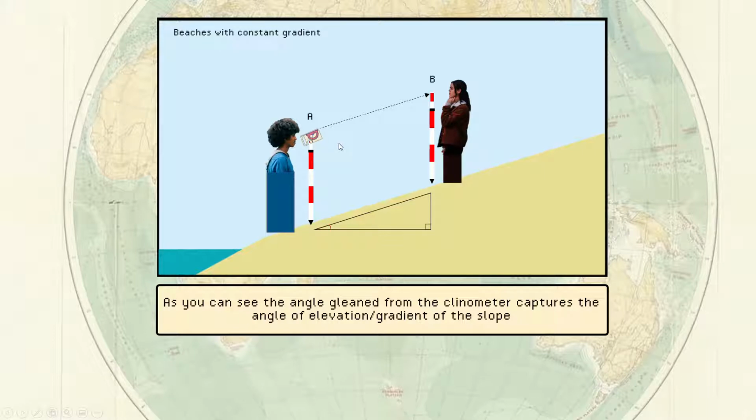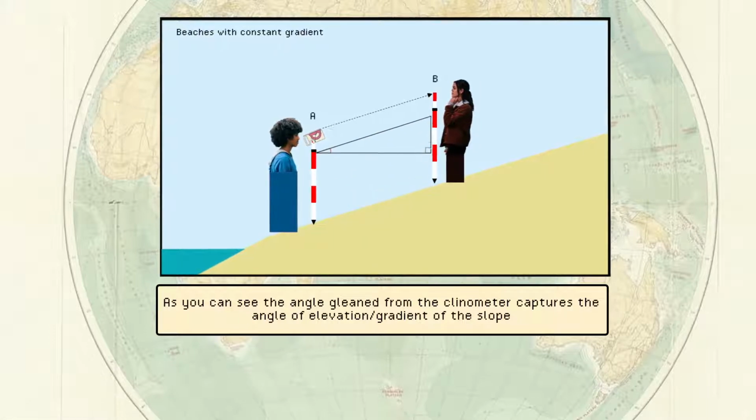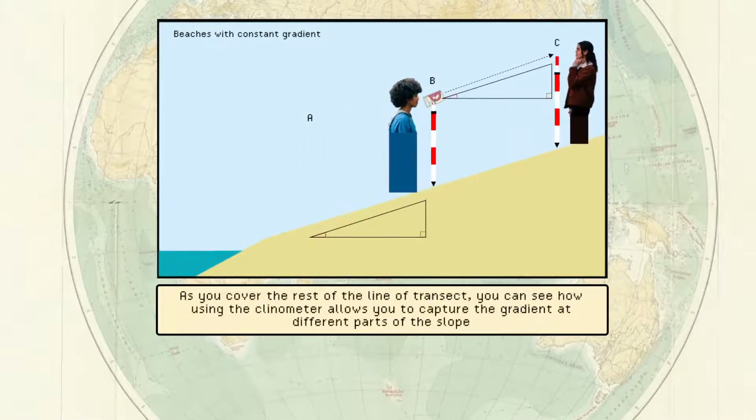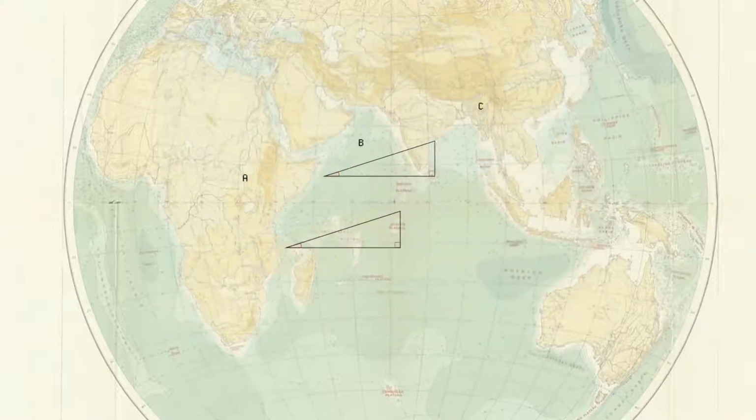Basically, what happens is that if I shift this triangle up, you see that I am capturing this angle of slope. Alright, so when I make one measurement, I move on and make another measurement. I'm capturing the gradient or the angle between point B to point C, point A to point B, and then I've gotten the angles in terms of numbers, right?